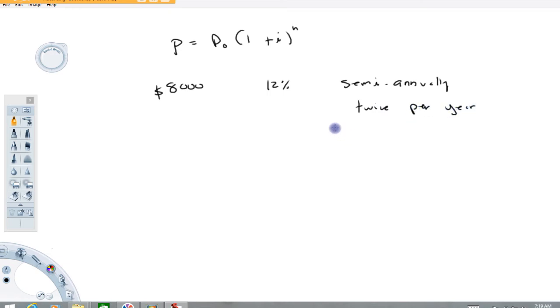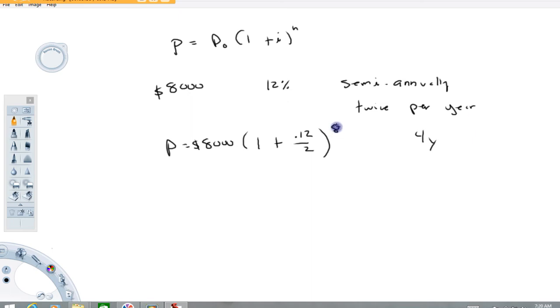That means when we write this formula out, the principal is going to equal $8,000 times the quantity 1 plus, and the I is the interest per compound period. For twice a year, that's going to be 0.12 over 2, raised to the number of compound periods. In this case, it asks what is the value of the investment after 4 years. If 4 years go by and we are compounding twice per year, the number of compounds would be 8.